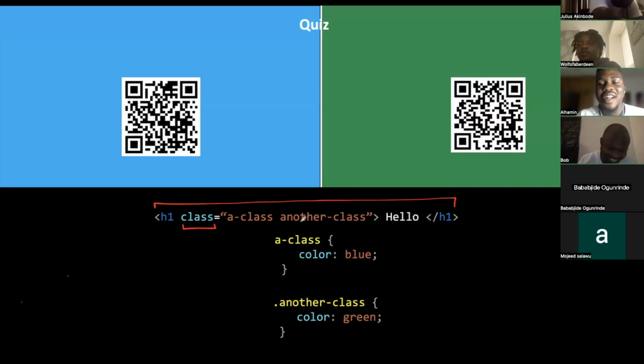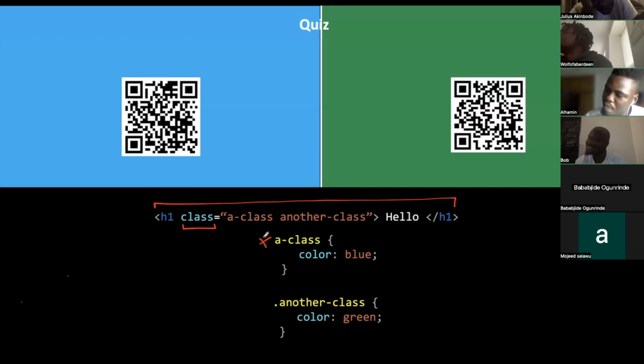Okay, so I picked blue based on the fact that the first content was the A class, when the class was defining the A class part. The other part was another class, which of course comes second in that place.